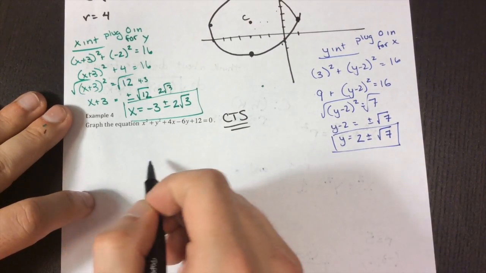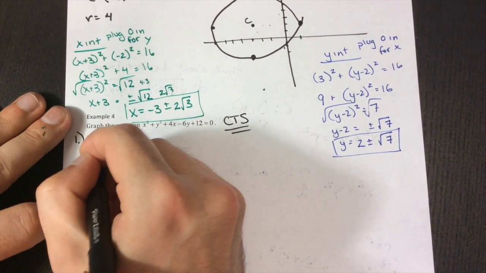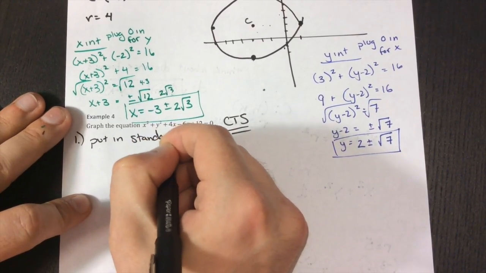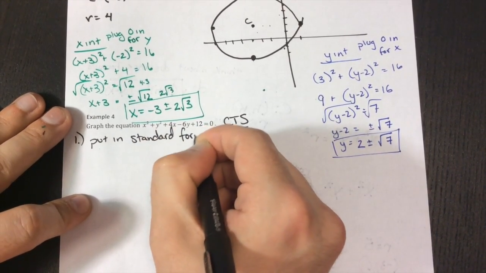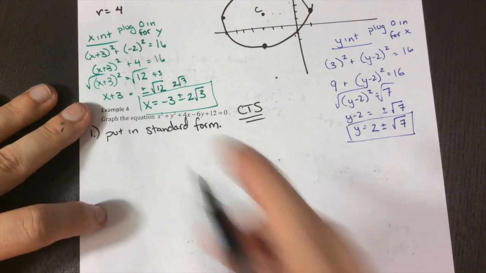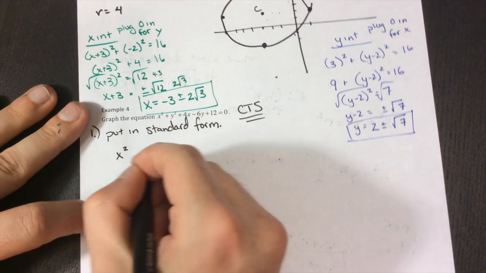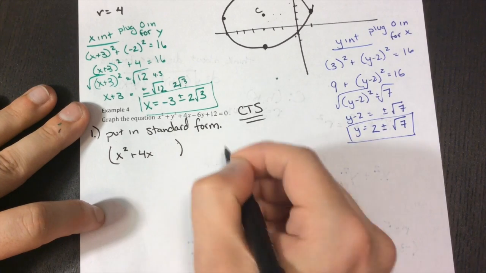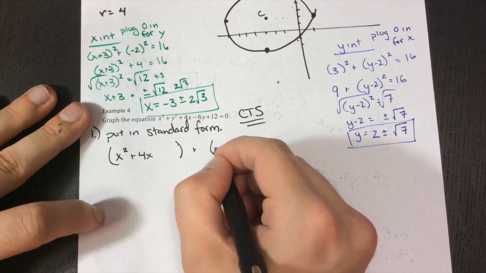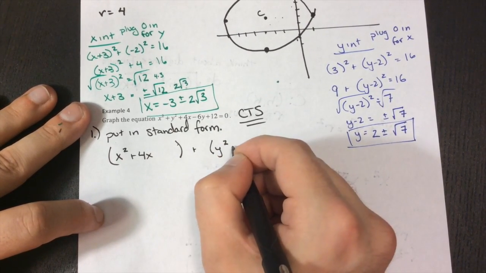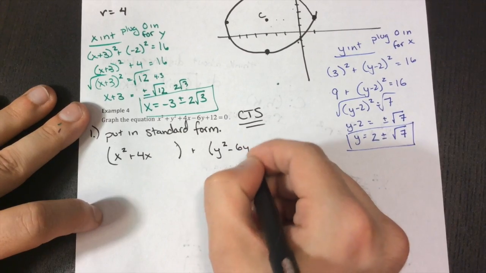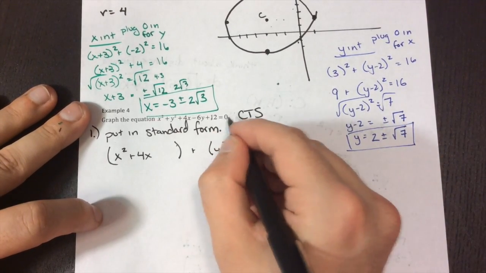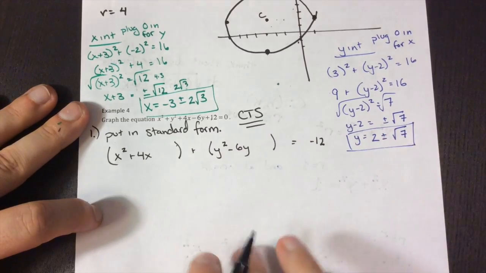So first we want to put this in standard form. So to do that, I'm going to group all of the x terms together. I'm going to put parentheses around that. Plus, I'm going to group the y terms together. Y squared minus 6y, leave a little space, equals, and then I'm going to subtract 12 to the other side.